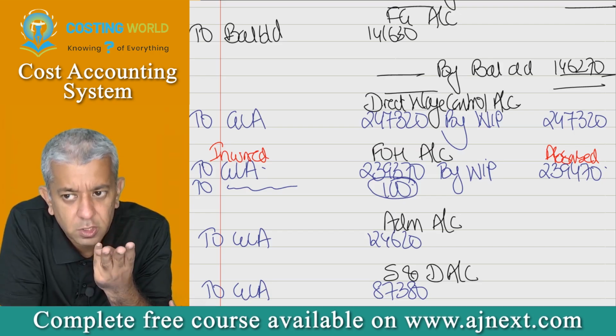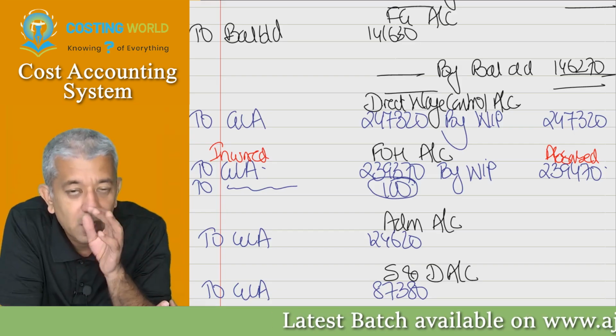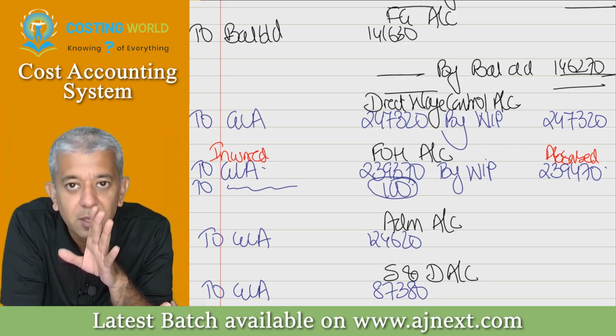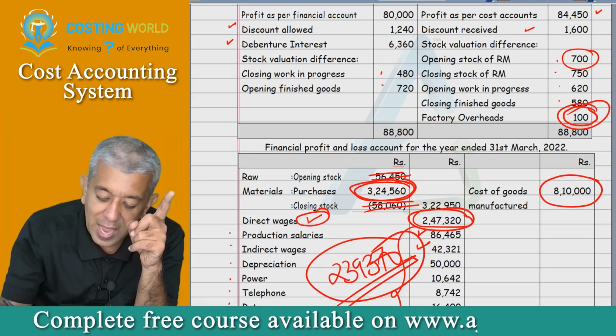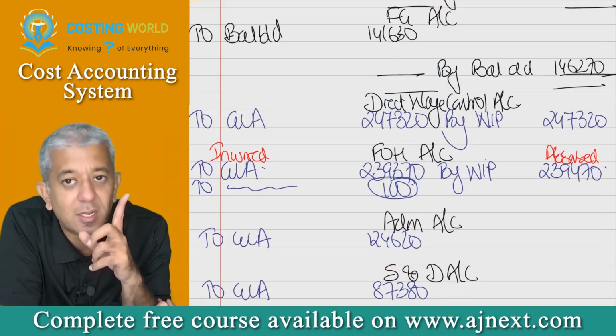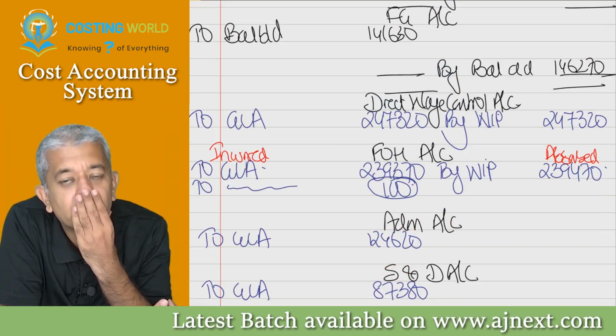Should I adjust in costing P&L? Should I follow the supplementary method? What should I do? There will be something correct, there will be something wrong. Because in the end, your costing profit has to come to this particular figure. So there is only one answer to this. I'm asking you all, what should I do?